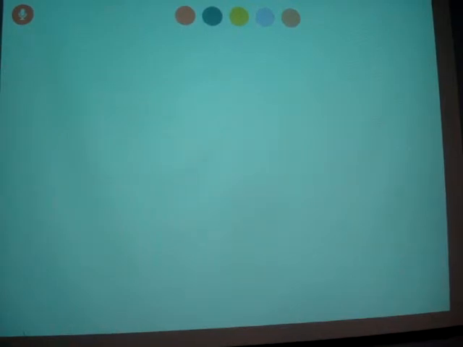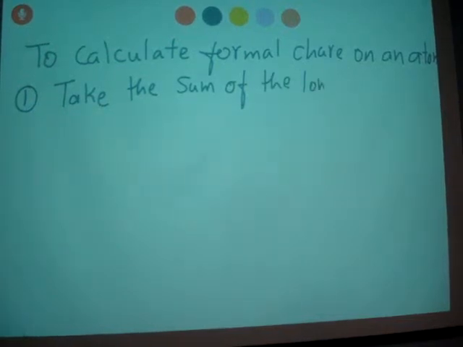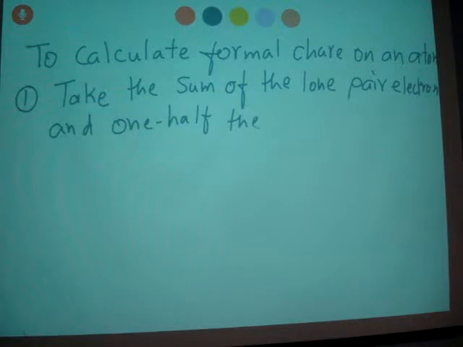So, to calculate formal charge on an atom, first take the sum of the lone pair electrons and 1/2 of the shared electrons.